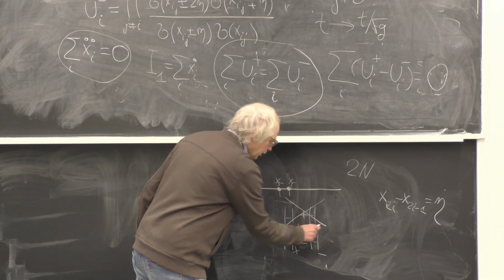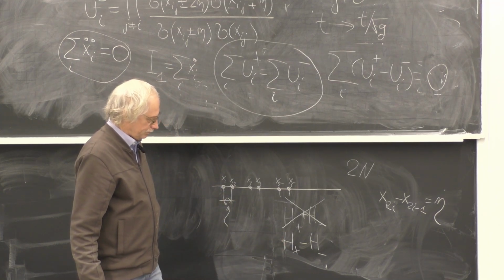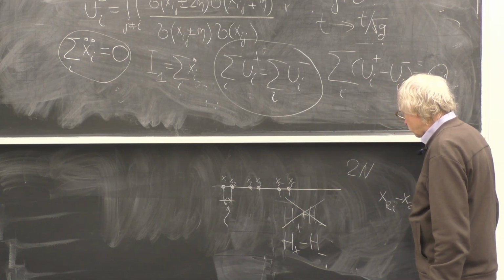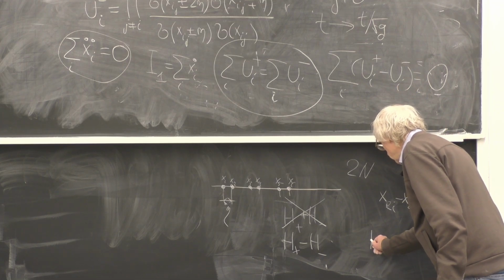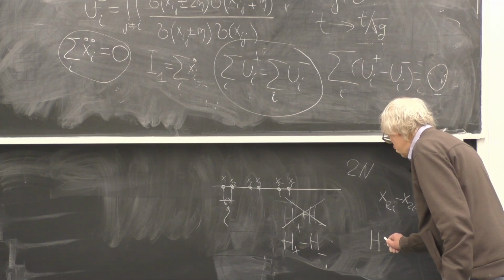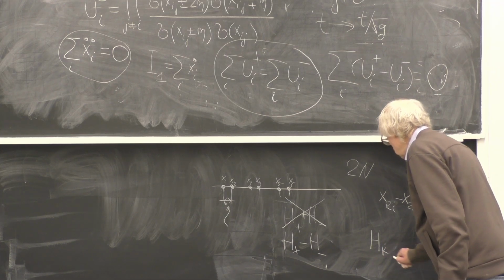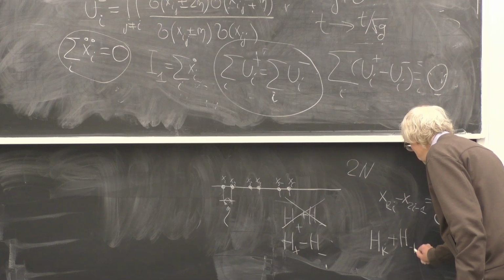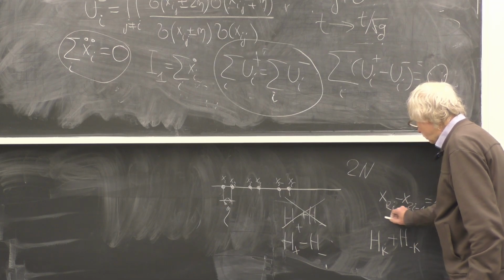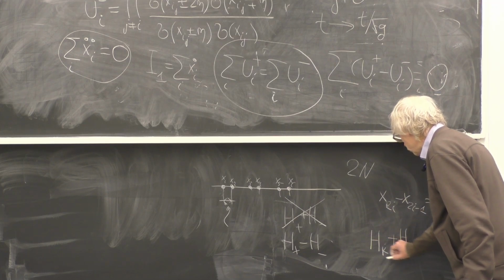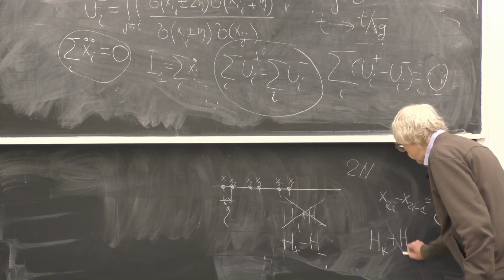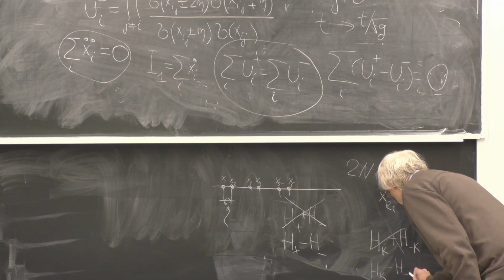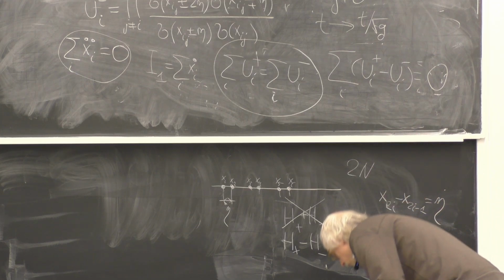So this is a bad flow, this is a good flow. Moreover, it can be shown that for higher Hamiltonians, H_k plus H_{-k} destroy this configuration, but H_k minus H_{-k} preserves it.